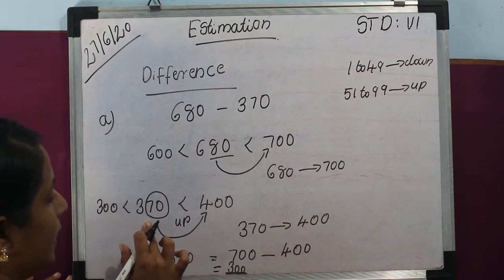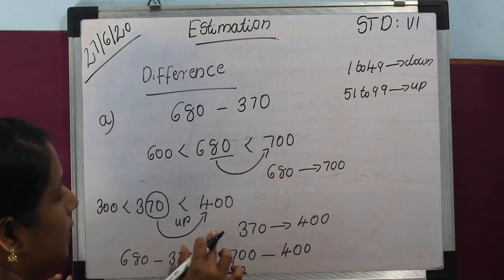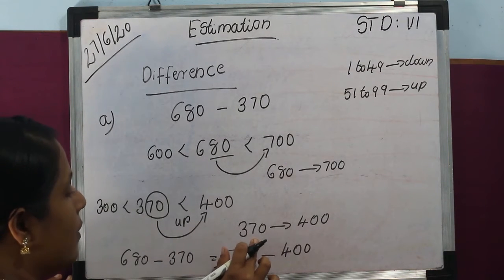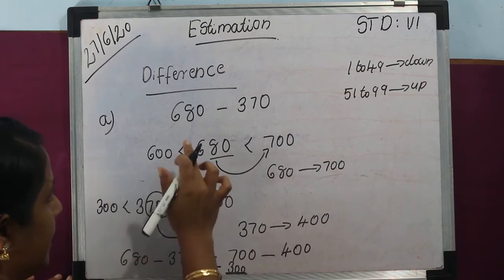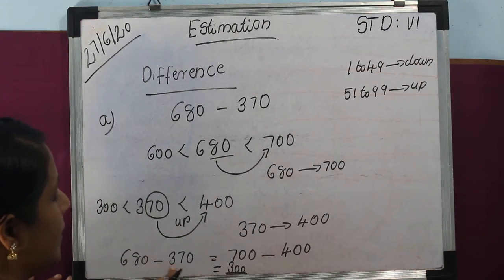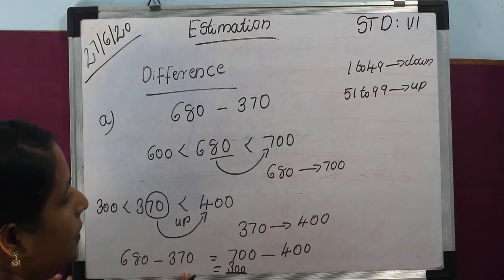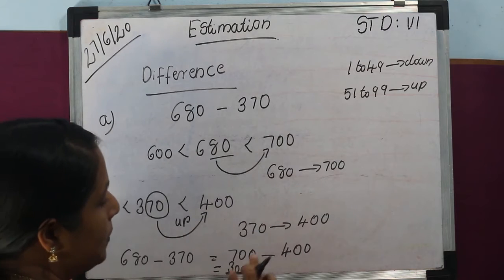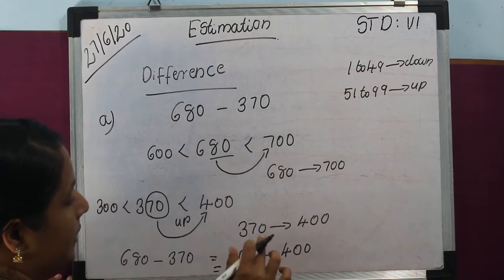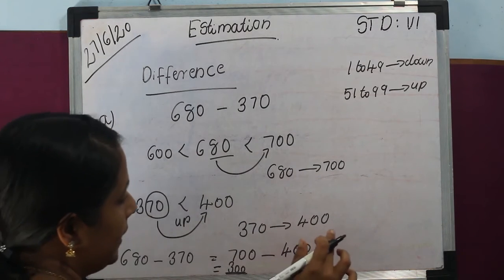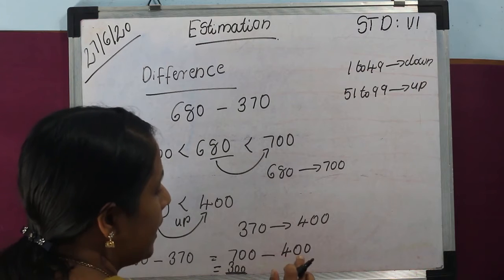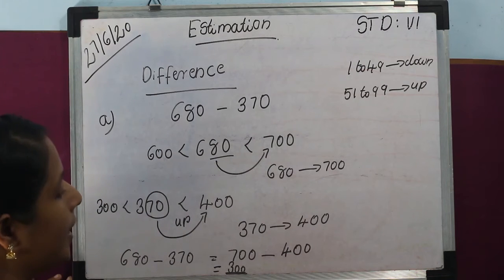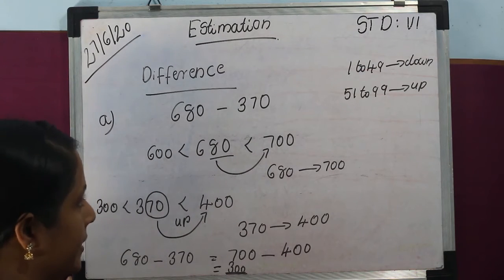We know that 70 is rounded up to the next number. Therefore 370 is rounded up to 400. Then write the question 680 minus 370. In the place of 680 we get 700, and in the place of 370 we get 400. Therefore 700 minus 400 equal 300.